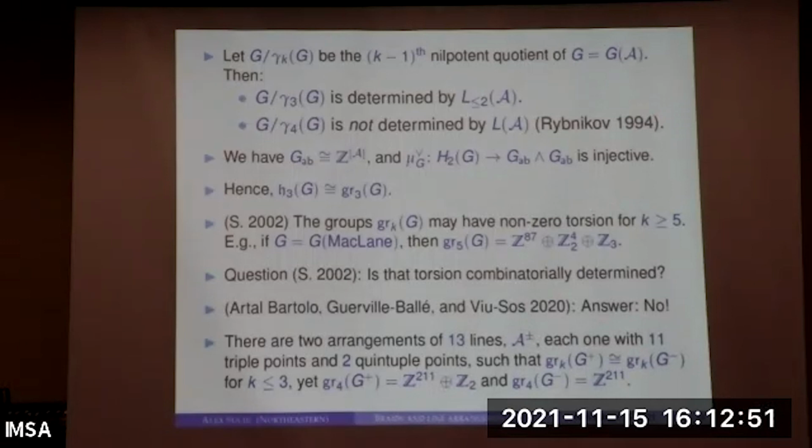So they went to 13 lines and they found a pair where actually they found it at GR4. One has 2 torsion, one has no torsion. So these arrangements are 13 lines. Ribbon arrangements have only triple points and double points. These have 11 triple points and 2 double points.